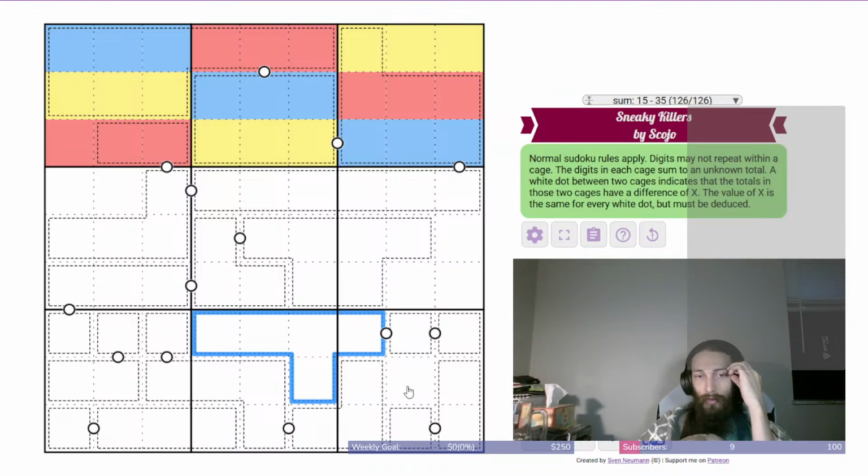Well, 5 digits is minimum 15. Well, but they don't... Oh, that's right, because they are all in the same cage, so they can't repeat. 15. Right.